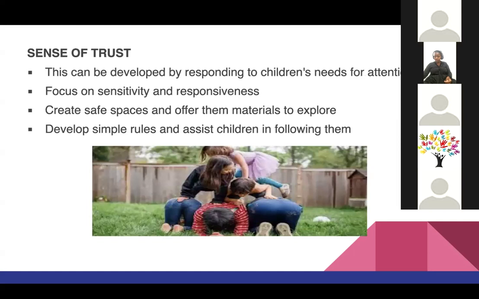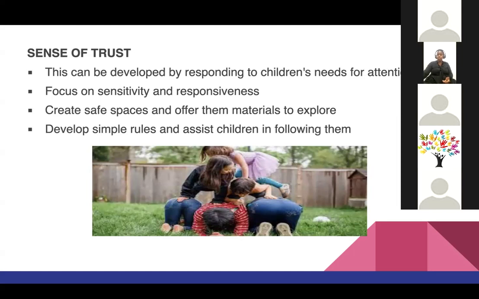All right. A sense of trust can be developed by responding to a child's need for attention. We focus on responsiveness and sensitivity, which means that we approach the child kindly. We create a safe space, and they are allowed to explore within their spaces.